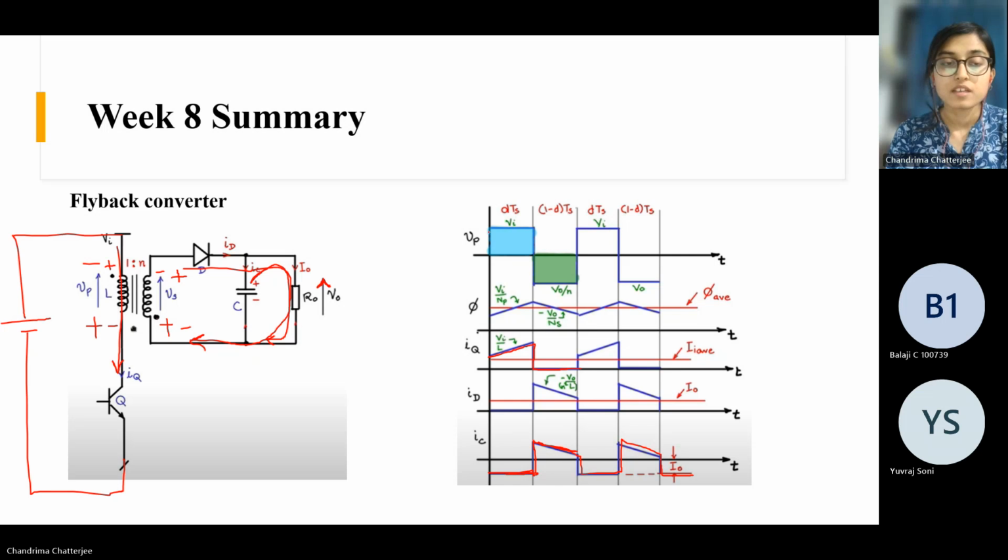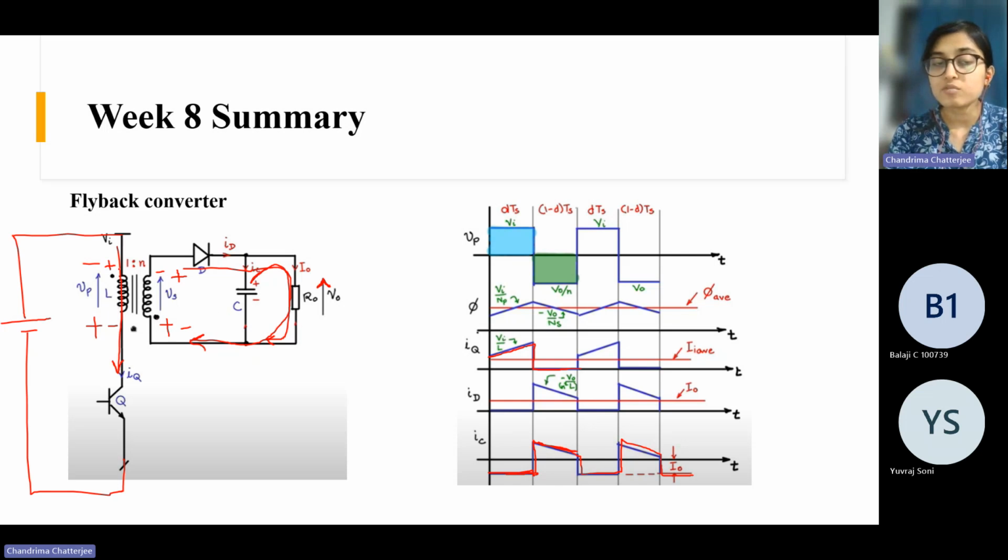Okay. So here, just remember one thing: although there is isolation, this acts as an inductor rather than a transformer. Because in a transformer, the primary VA is equal to the secondary VA. So whenever you transfer some energy here, simultaneously the energy gets transferred to the load.